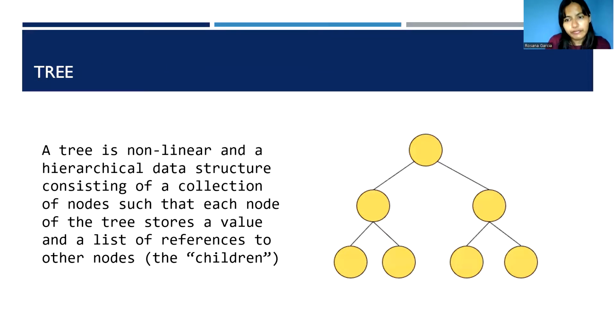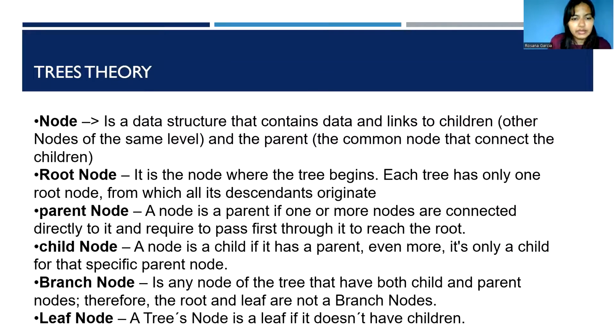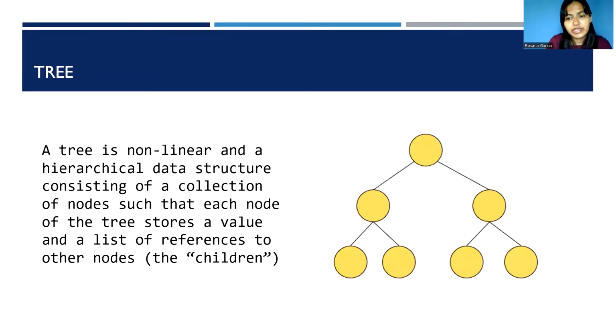Therefore, they are the leaves of the tree. And the branches are nodes that can be both child and parent. In this case, the only nodes that are both child and parent are the nodes in the middle, which each have 2 child nodes, and their parent node is the root.